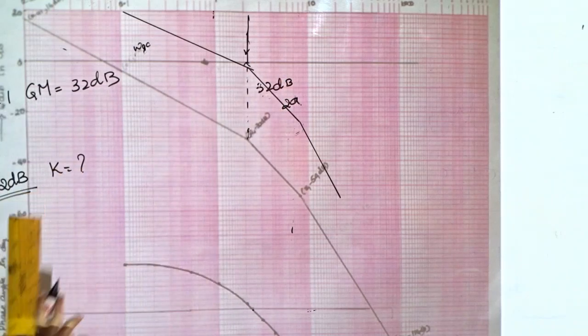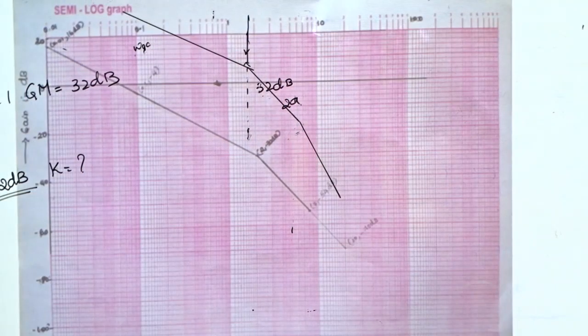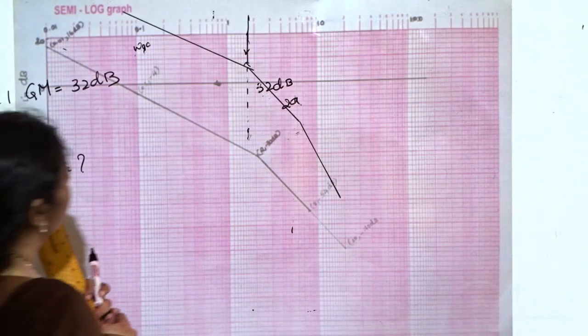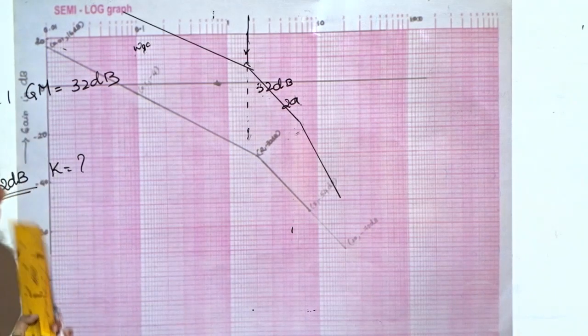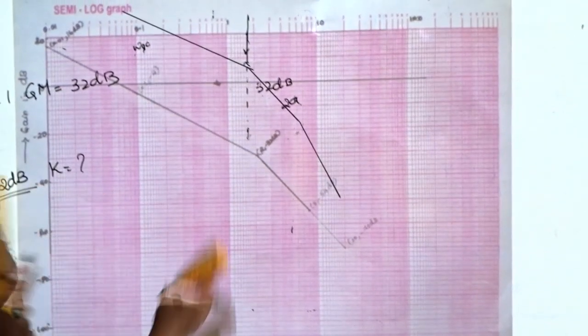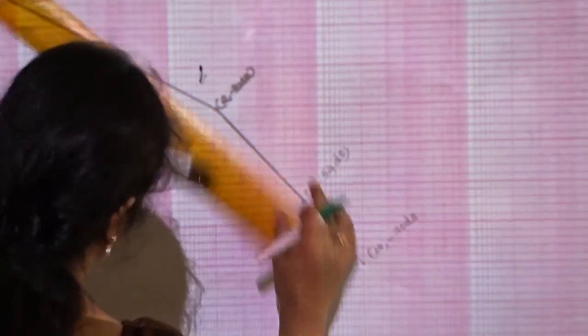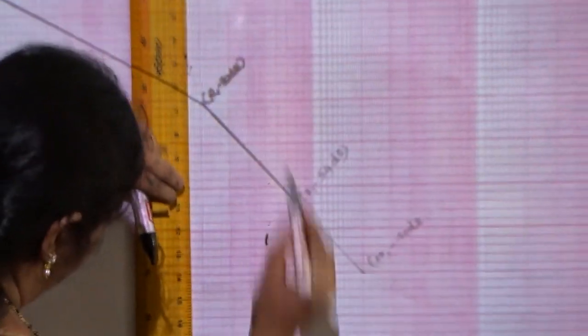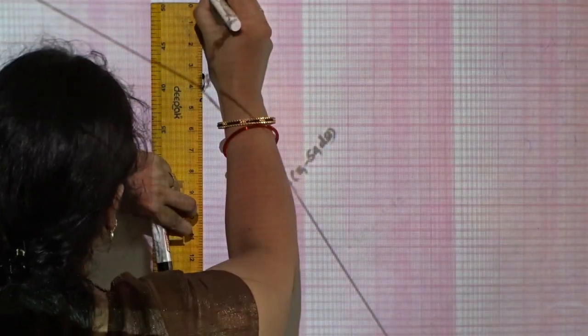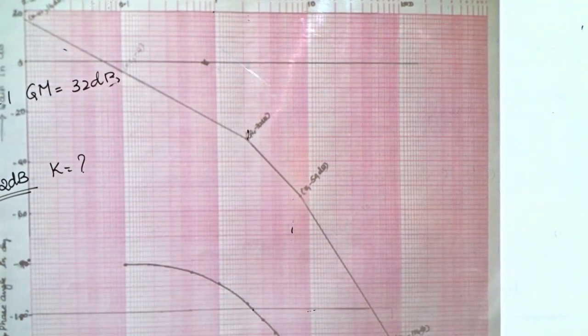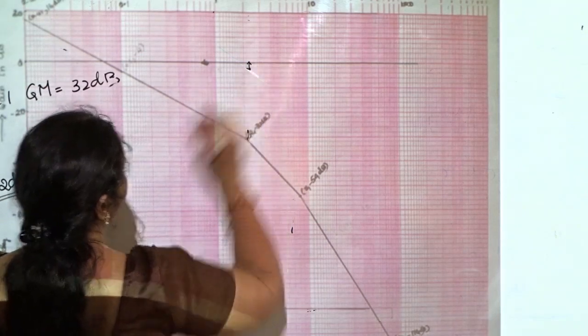In the new graph, if you check this value, if I want to have 2, then you have to draw something like this. The gain margin there should be 2 dB.